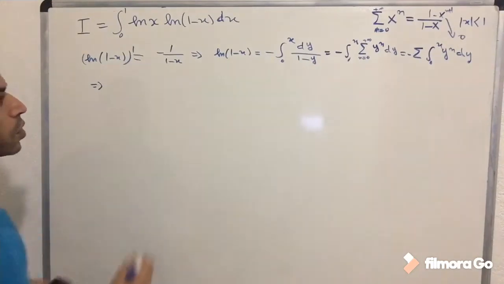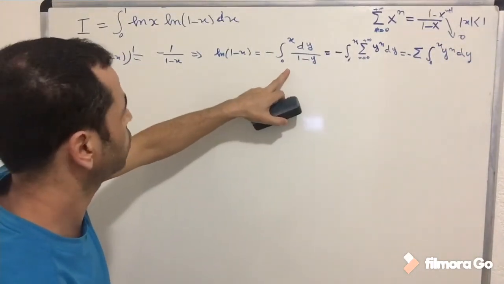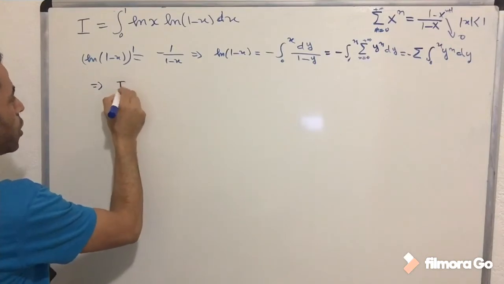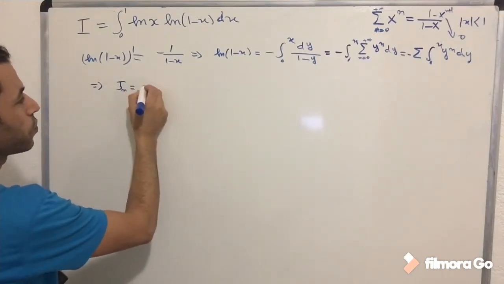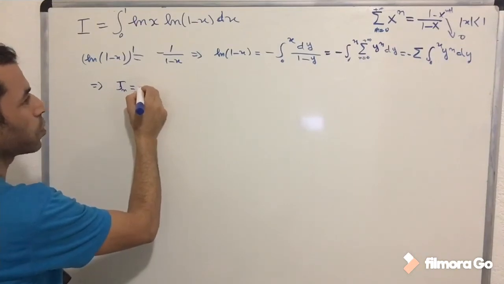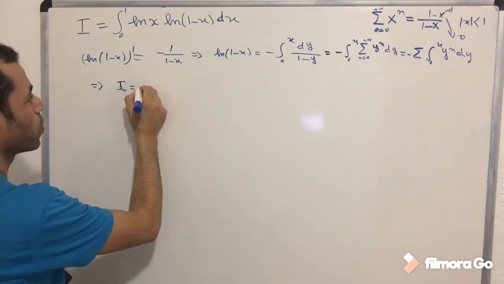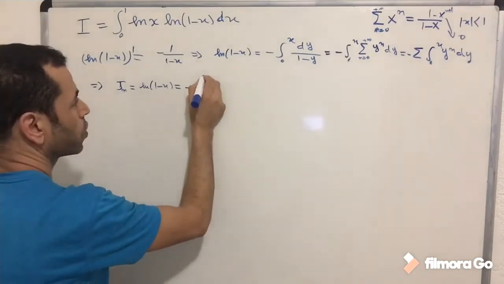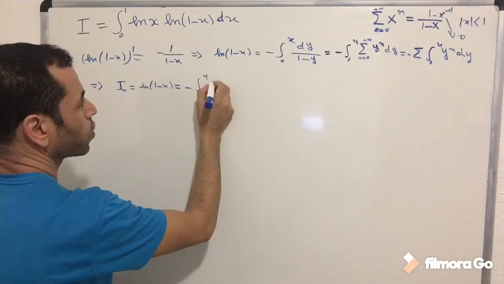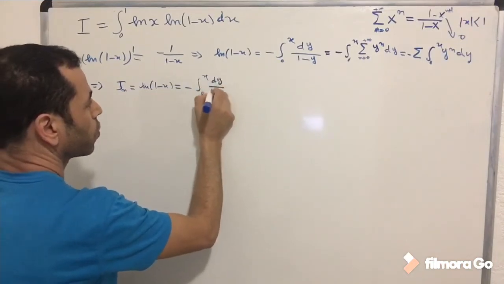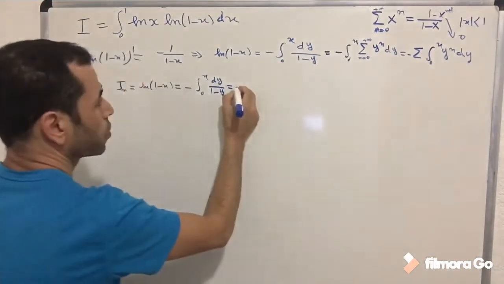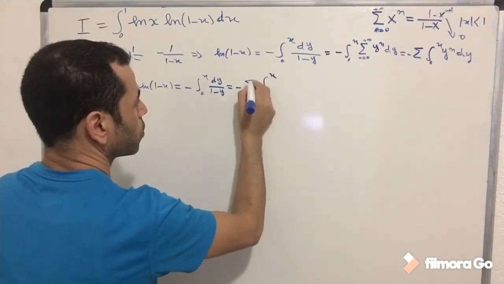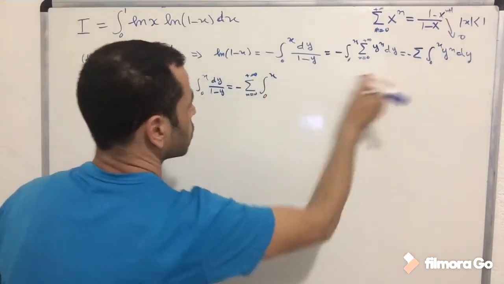So the integral, let's call it J_n, for example, equals the integral from 0 to x of y to the n dy, summed from n equal 0 to infinity.